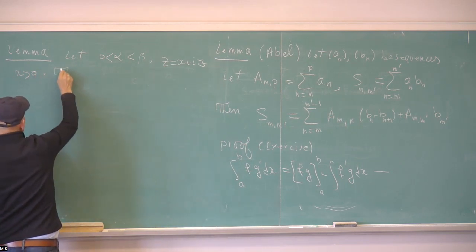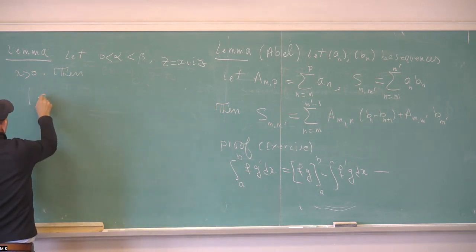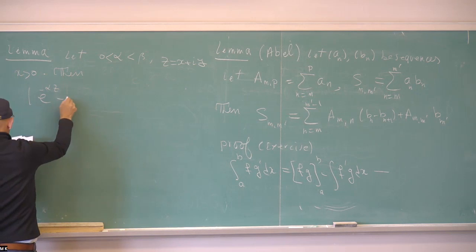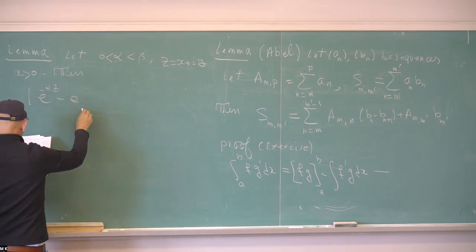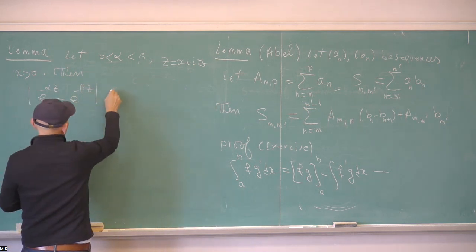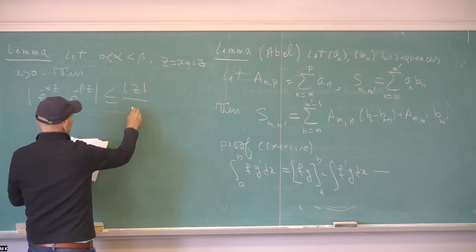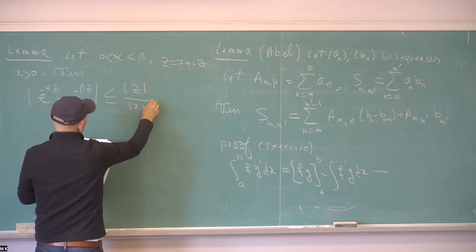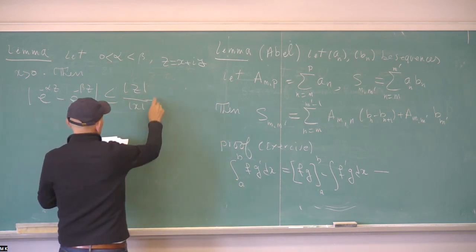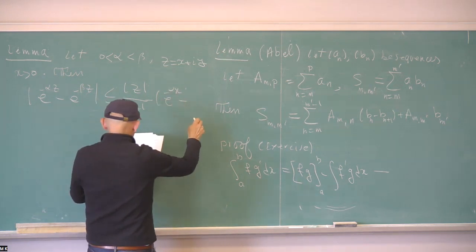Then the statement is that the absolute value of e to the minus alpha z minus e to the minus beta z is less than or equal to absolute value of z over x. Well, x is positive anyhow, doesn't matter.